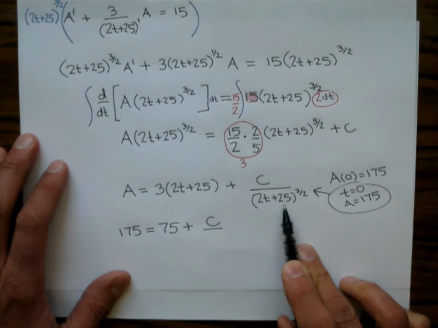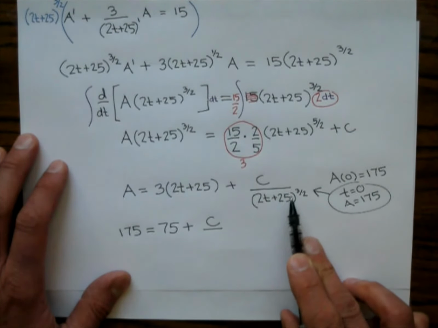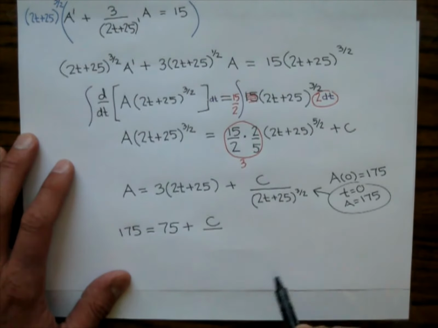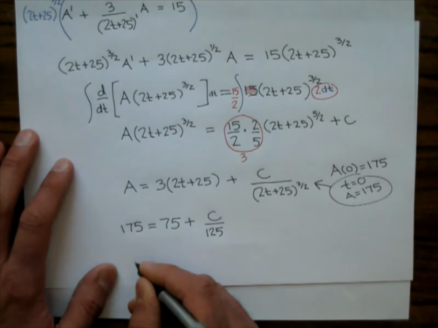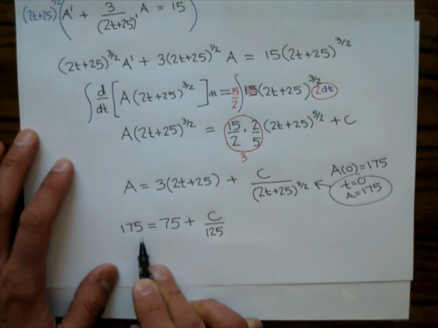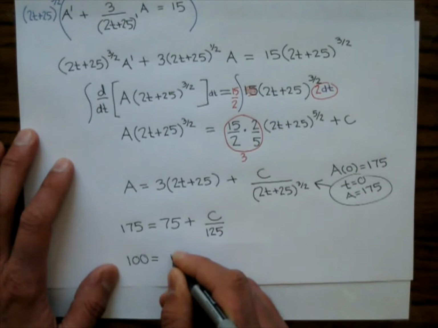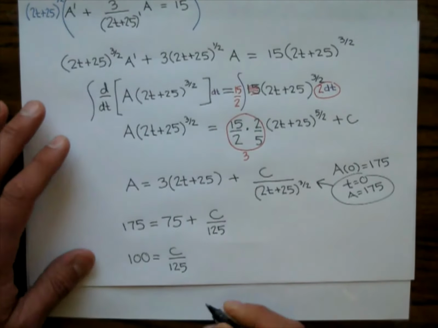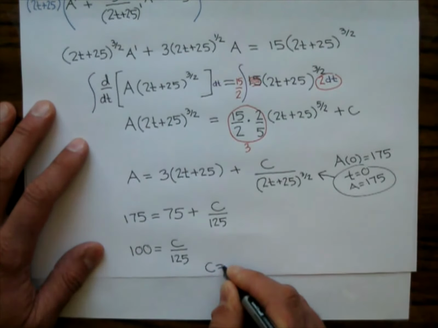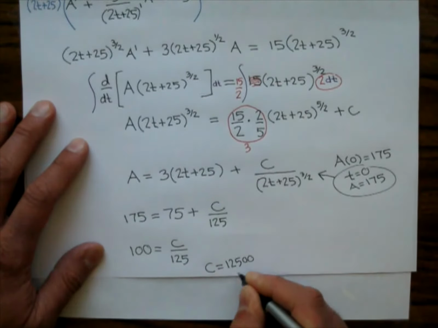I have 25 to the 3/2 power, so square root of 25 is 5, 5 cubed is 125. So I'll subtract the 75, I have 100 equals c over 125, and so c is going to equal 12,500.